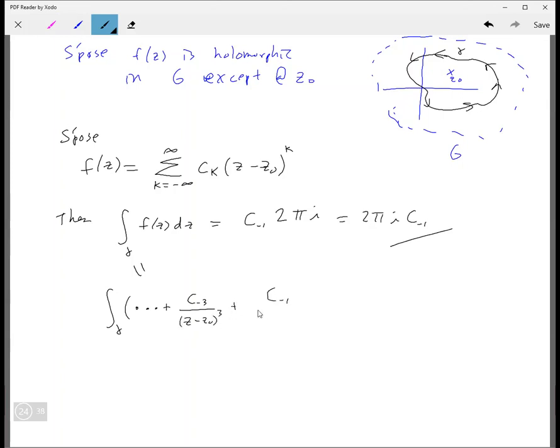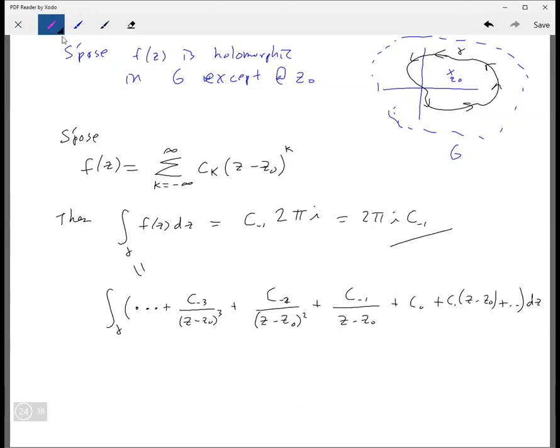Then you've got c minus 2 over z minus z naught to the second power. Okay, that's how that works. And then you've got the famous c negative 1, which is this one. And then you have c0, and then c1 times z minus z0, and then c2 times that squared. So you keep on going.